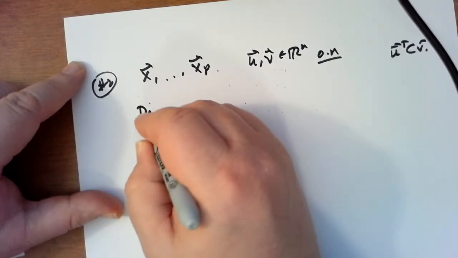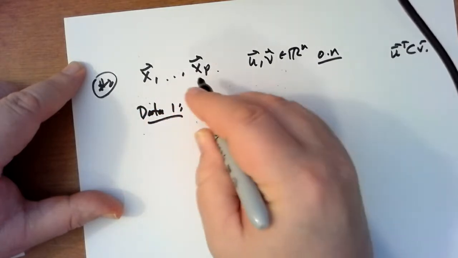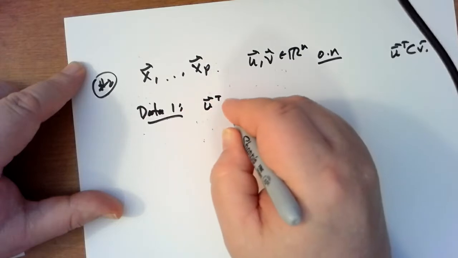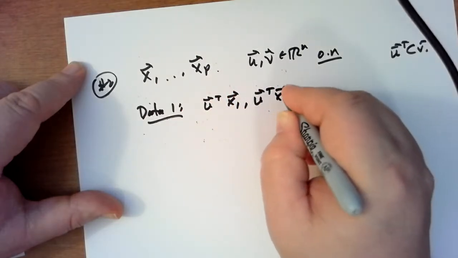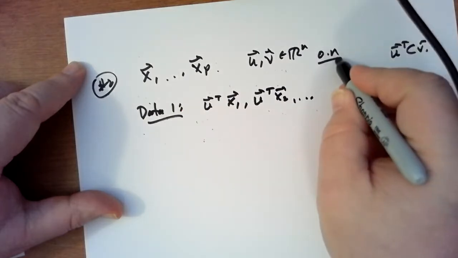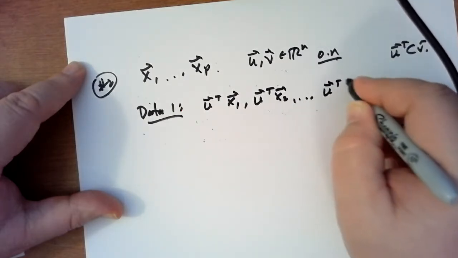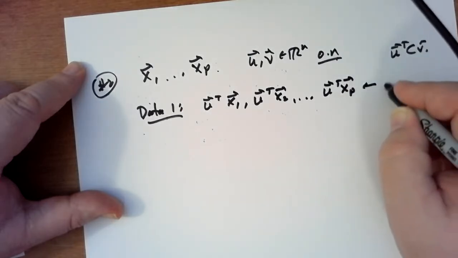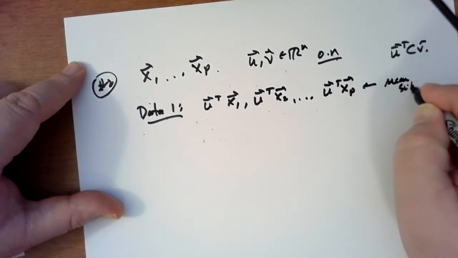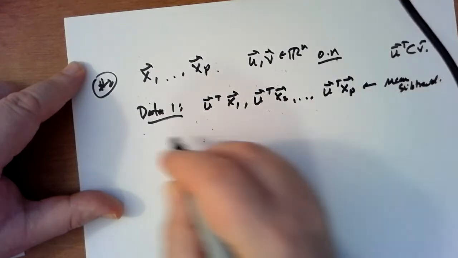If I'm going to be computing the covariance, first off, I need to project the data. So data set 1 would be u transpose times x1, u transpose times x2. This is why it's important to have the normalized vectors for our projection. Also, I will assume mean subtracted again, just to make that easier.